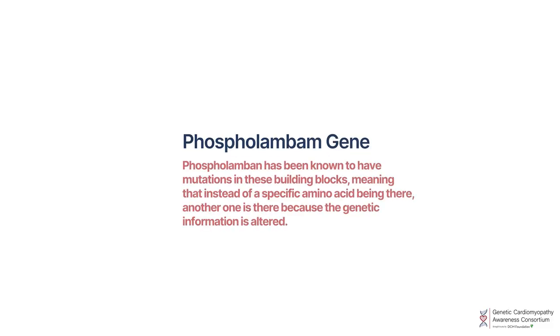Now, phospholamban has been known to have mutations in these building blocks, meaning that instead of a specific amino acid being there, another one is there because the genetic information coming down is altered.